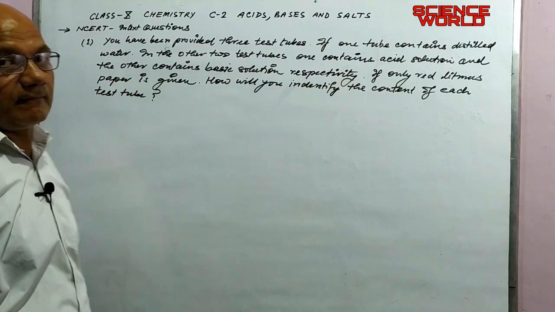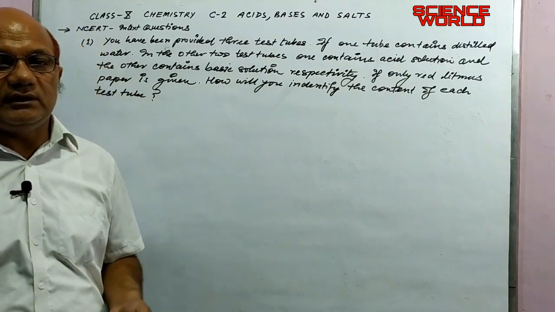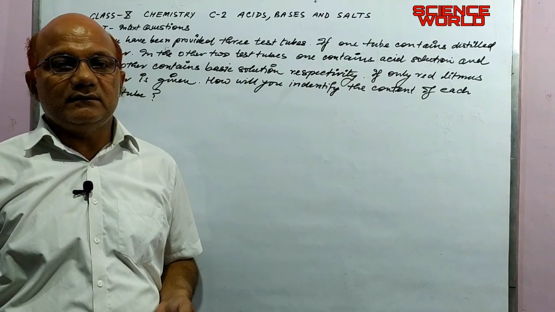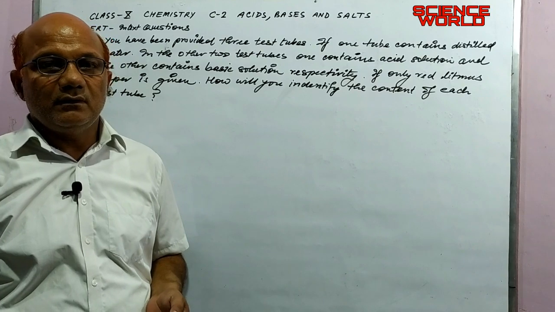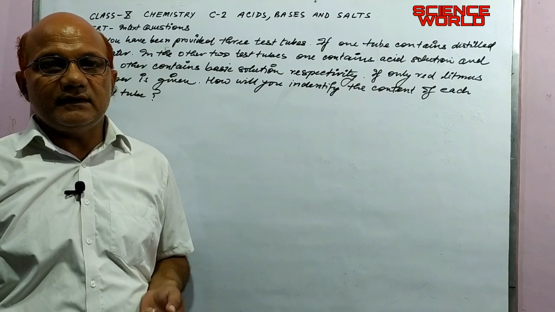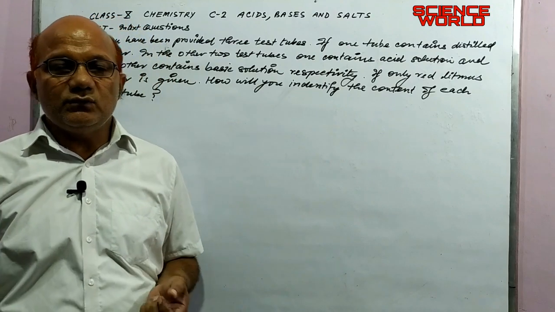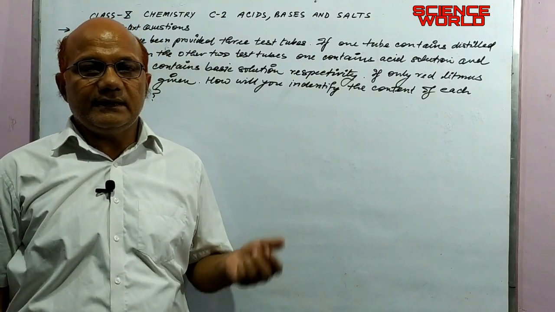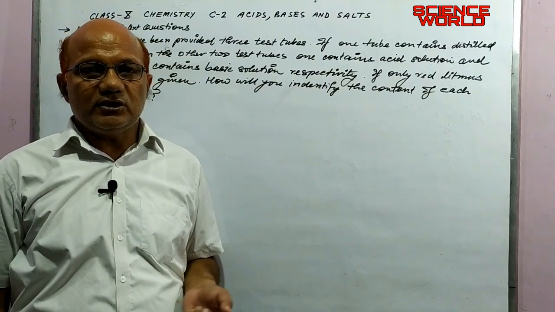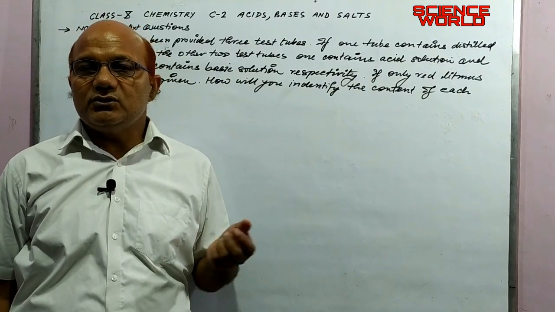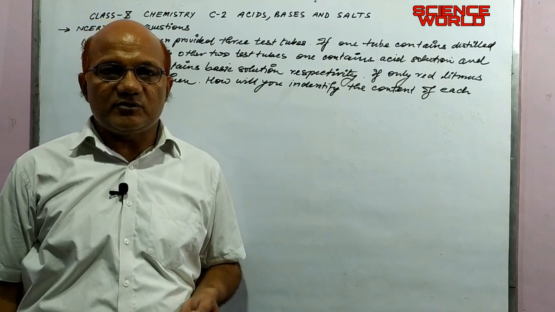This is the question. In this question, actually, suppose you have been provided 3 test tubes. In one test tube, it contains distilled water, and in the other 2 test tubes, one contains acidic solution and the other contains basic solution, and you are given only red litmus paper.